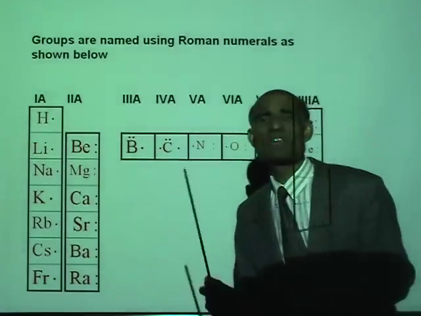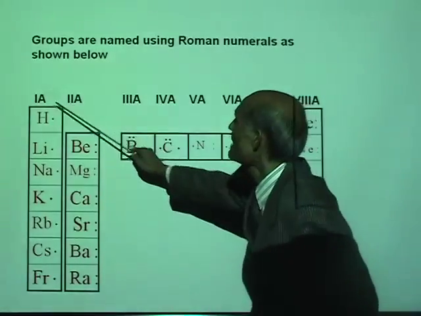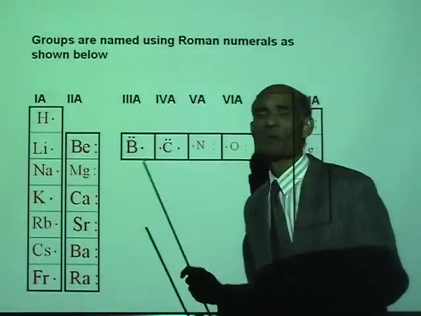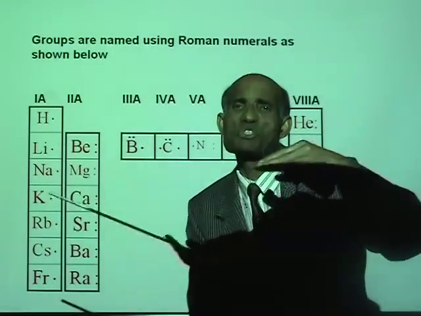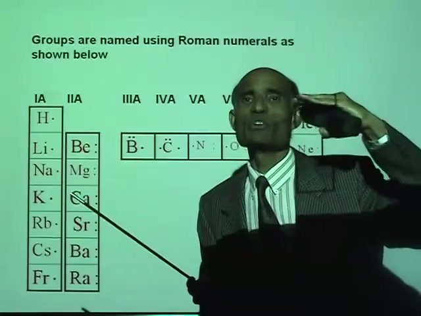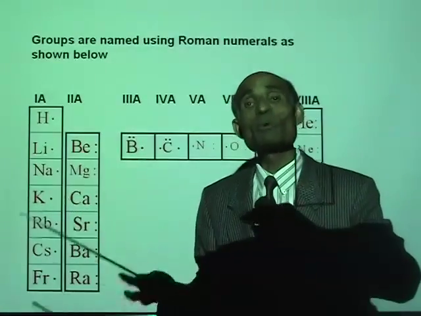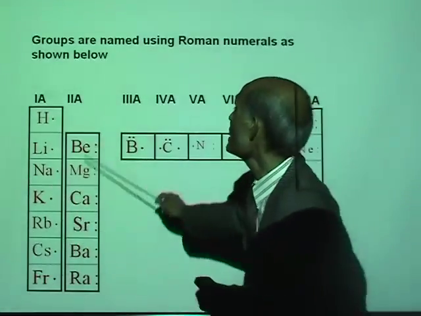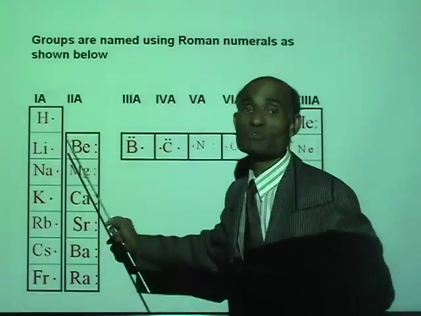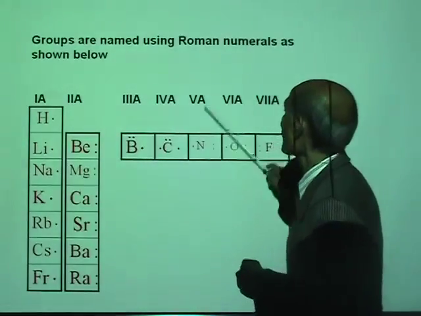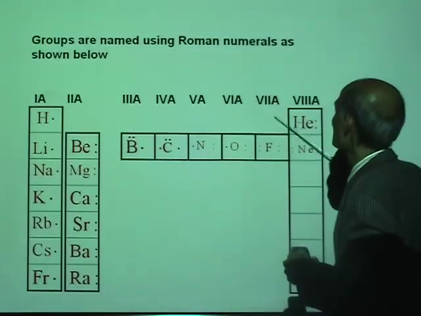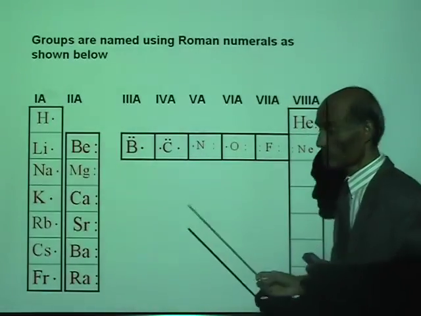The reason why these are all called 1A, 2A, 3A is that the periodic table has 3 big chunks, 3 segments: A group, B group, and C group. So all these are the A group. That's why they're called 1A, 2A, 3A, 4A, 5A, 6A, 7A, 8A.